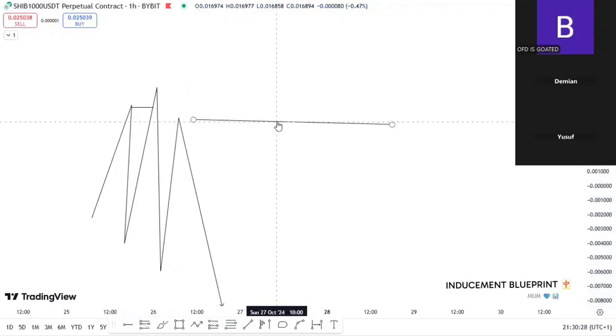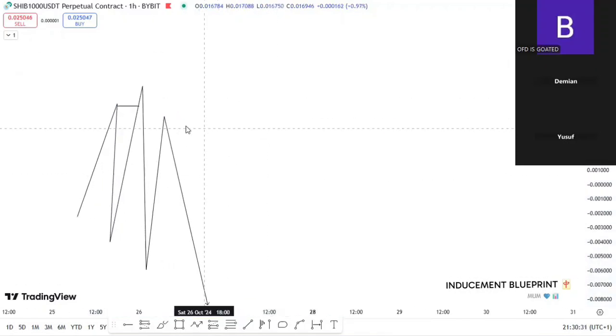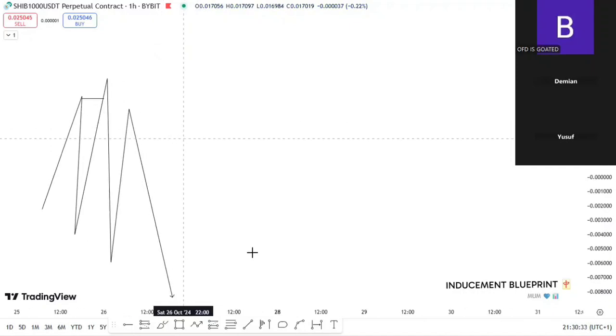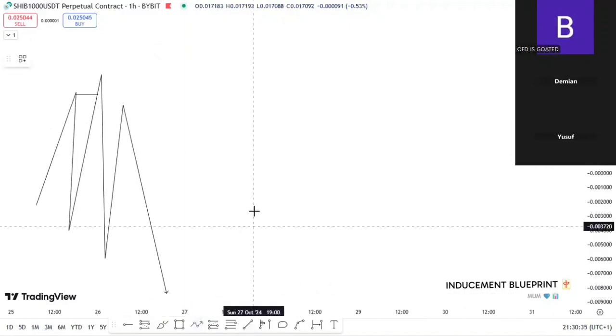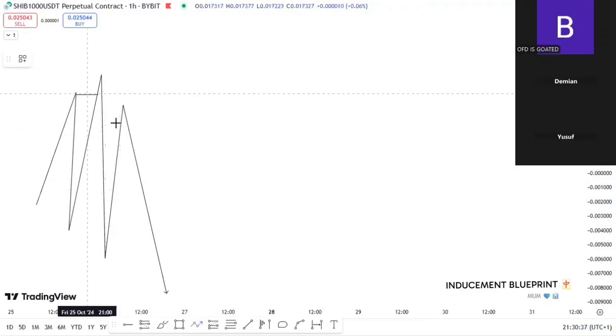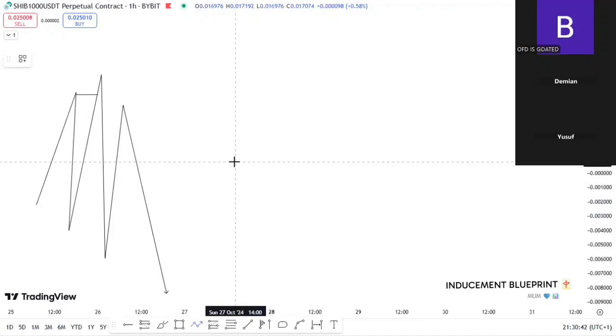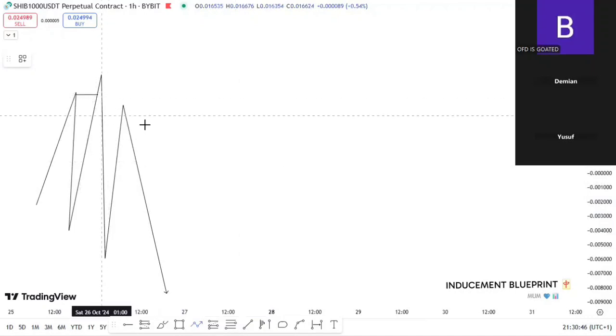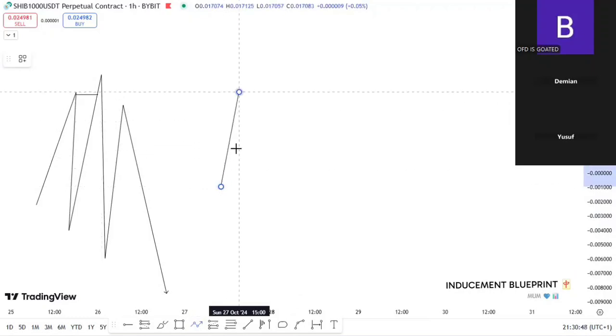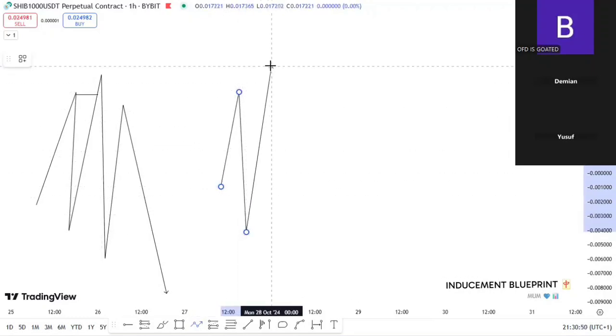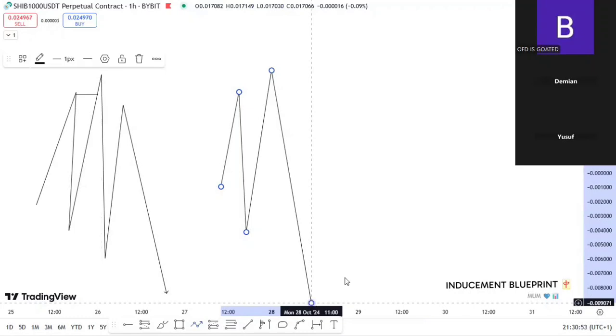So like I said, we have two types of supply zone. We have the one with structural liquidity, and then we have another one that doesn't have structural liquidity. But the one that has structural liquidity plays out well compared to the one that doesn't. So this is what I mean. This one has a structural liquidity, while this other one just has a good sweep and then a break of structure to the downside.